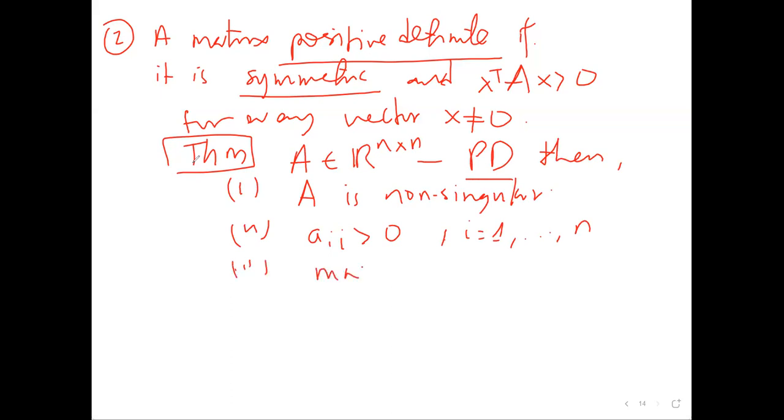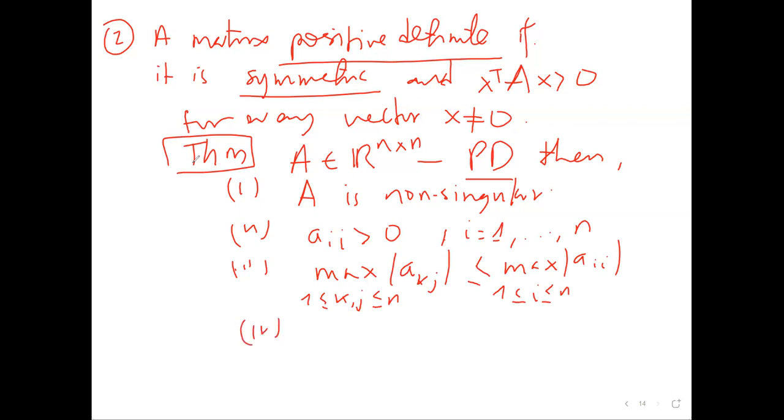Three, the maximum entry is on the diagonal: max over k, j of |a_kj| is less than or equal to max over i of |a_ii|. And four, the square of the entry a_ij is less than the product of a_ii and a_jj, where i is not equal to j.